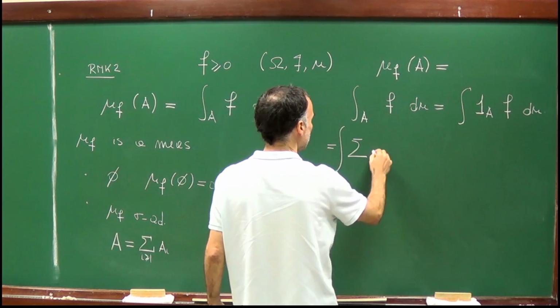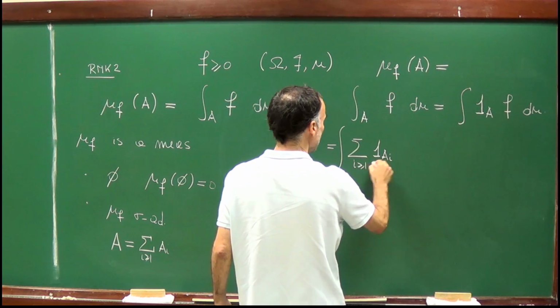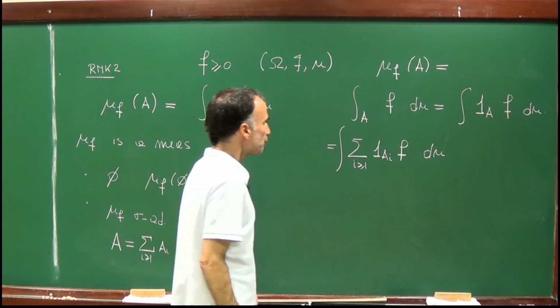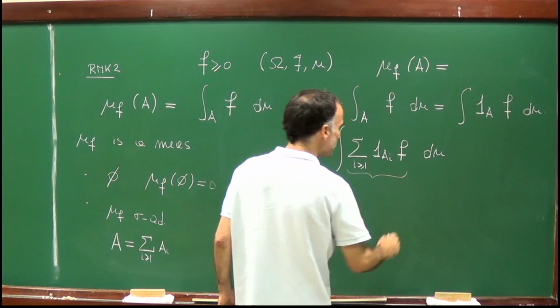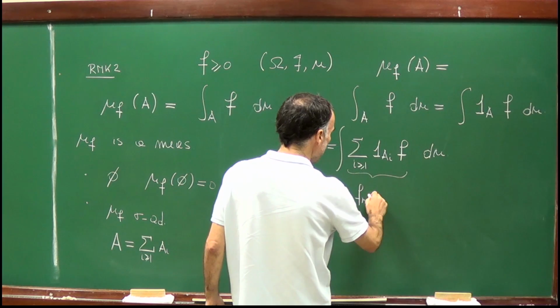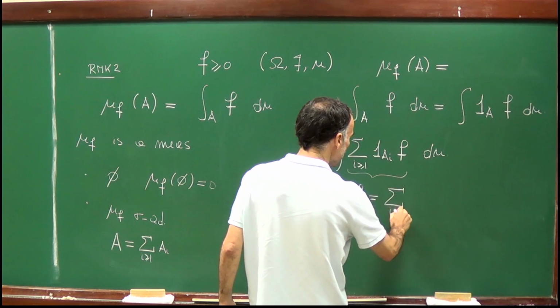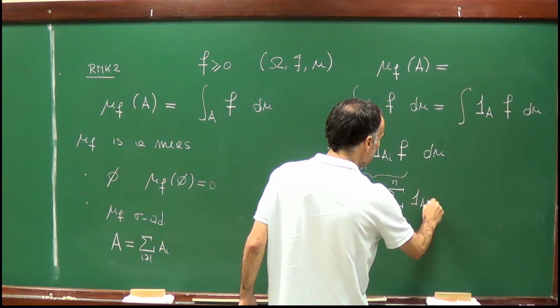And now, this function which appears here, let me define f_n as the function obtained by taking the sum of the first n terms of the indicators of A_i times f.